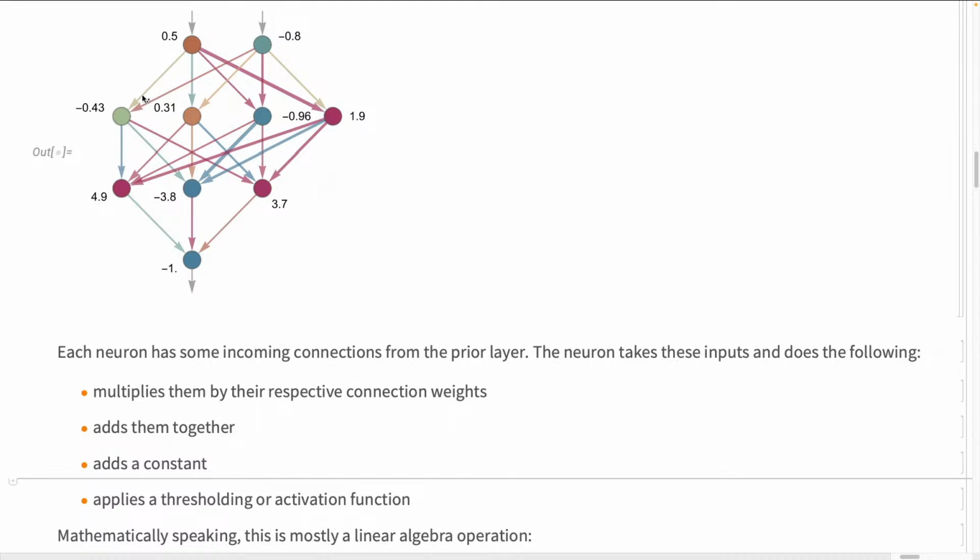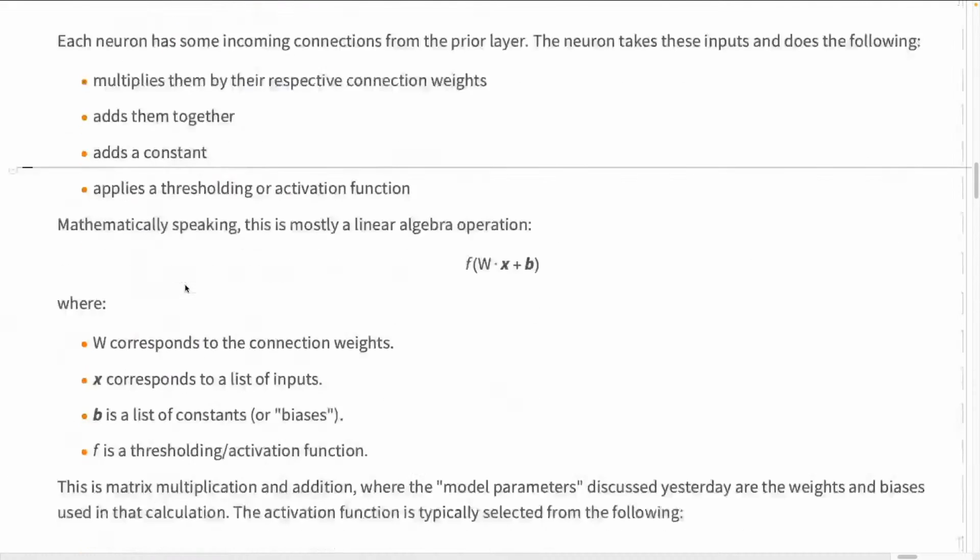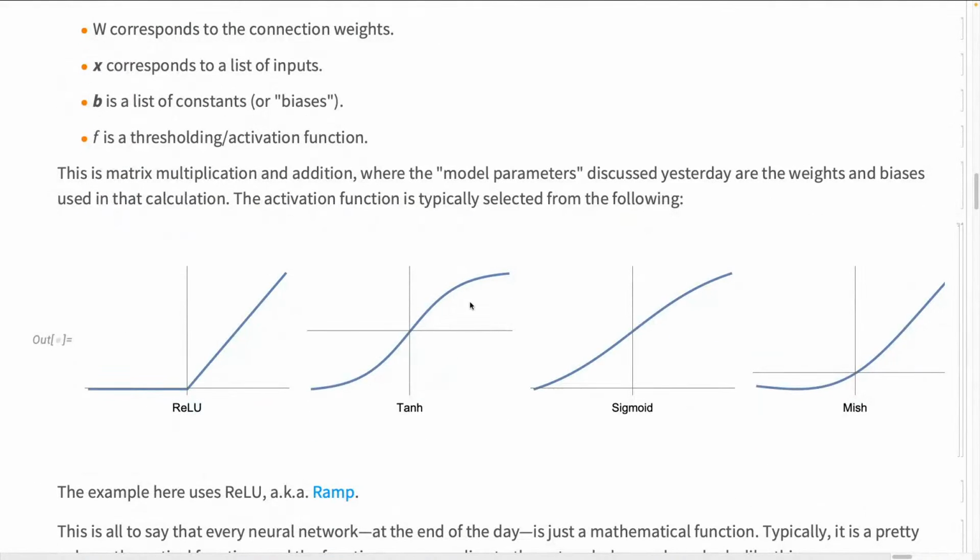And then after it's added everything together, it applies this thresholding or activation function. Maybe when it adds these 2 things together, we get some big, crazy negative number. What's been found is that that's not very helpful to the neural network. So we set that to 0 if we have a ramp function like this, or we weight it in some way so you don't wind up with super large negative numbers. We can keep any positive numbers, but anything that's negative we set to 0.